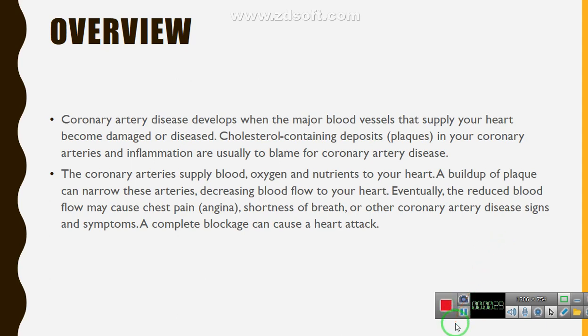So, I'm going to start with the overview of the coronary artery disease or CAD. Coronary artery disease is a disease which will develop when the major blood vessels that supply the blood to your heart become damaged or diseased, or become injured due to any factor.